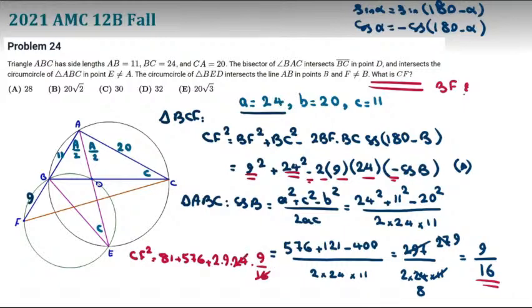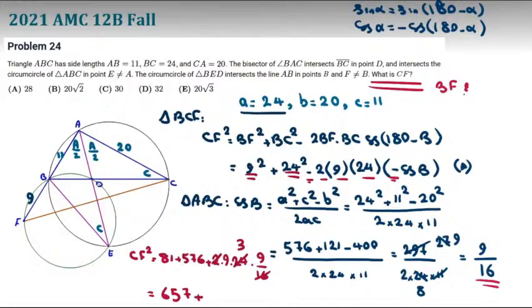Now, 16, 8 here, and 2 here. So if I simplify, 81 plus 576 is 657, and plus 9 times 9, 81.